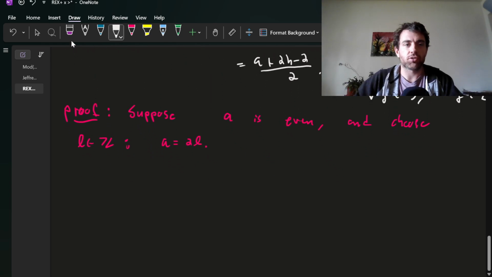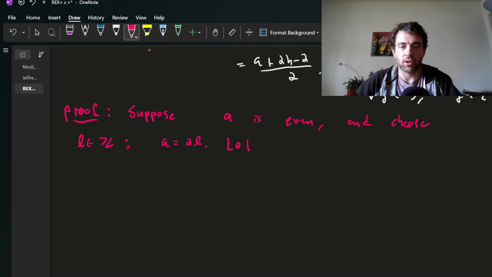So let's begin with the first one, right? So let, and I don't know, maybe I'll call it CD, let CD be an element of the equivalence class of A and B, right?